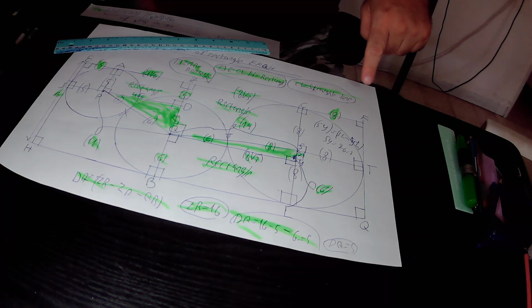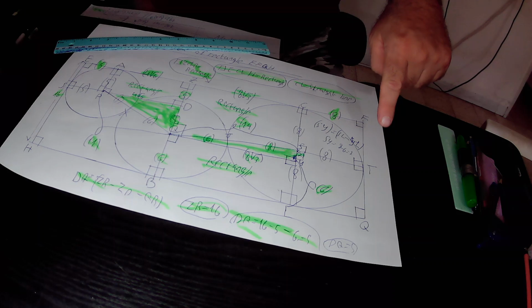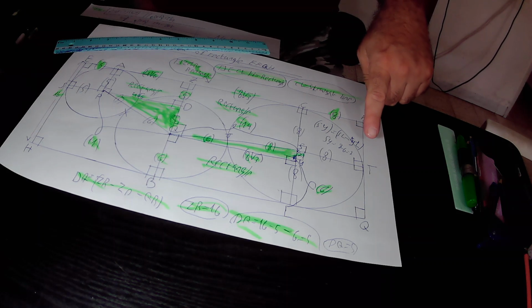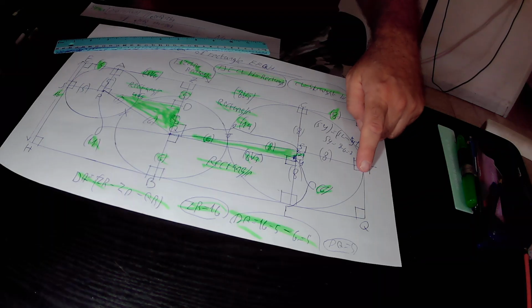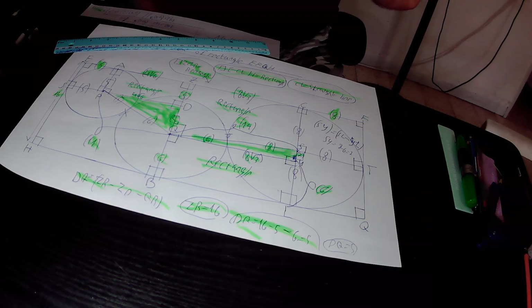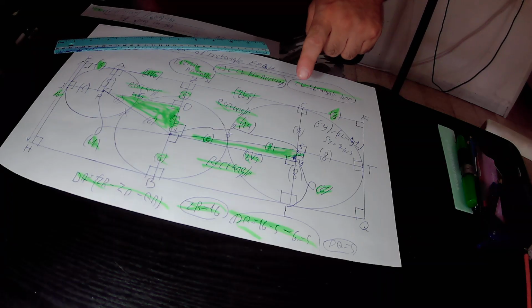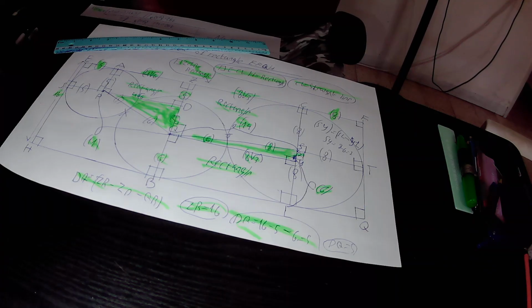Must mention that Q is tangent to this big circle at point T. So this angle equals 90 degrees and this angle also equals 90 degrees according to the same rule, rule 1. Here also, according to rule 1, this angle equals 90 degrees and this angle also equals 90 degrees.